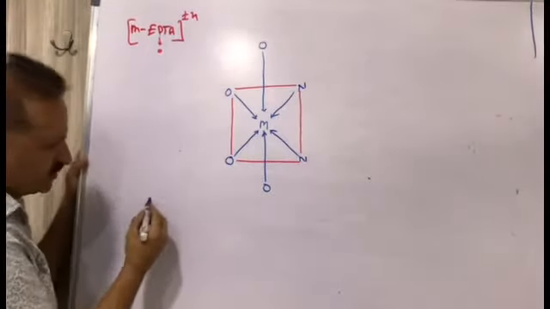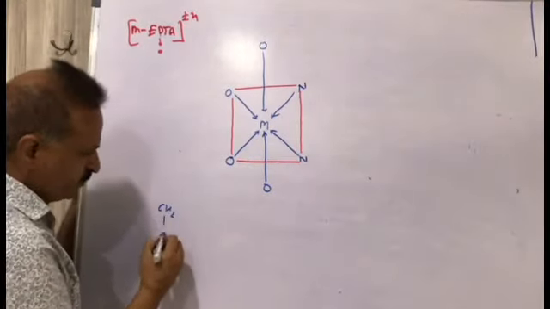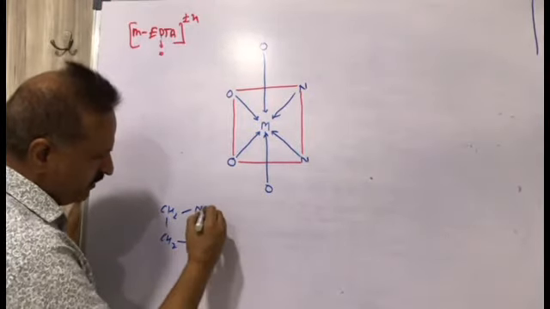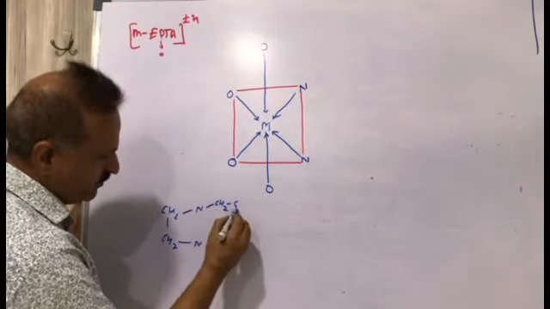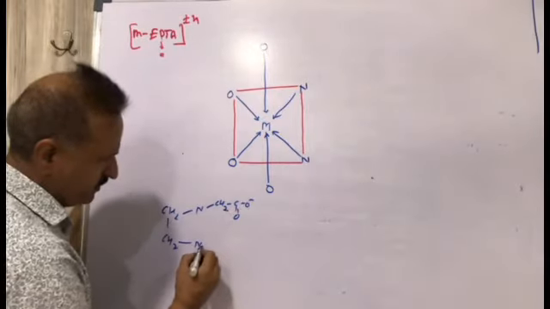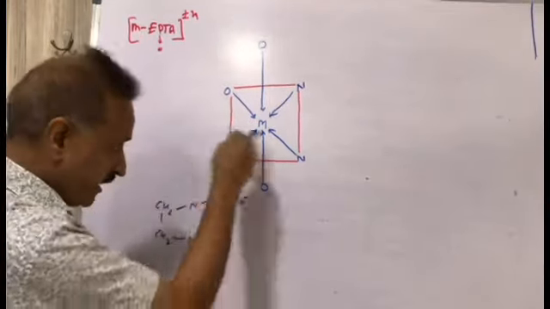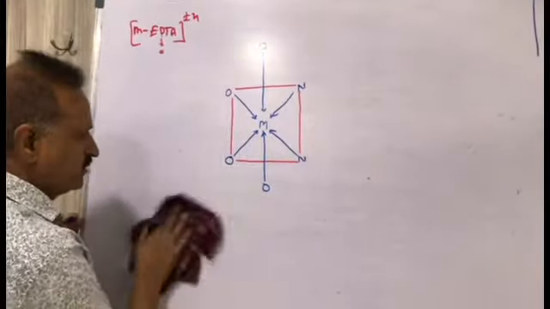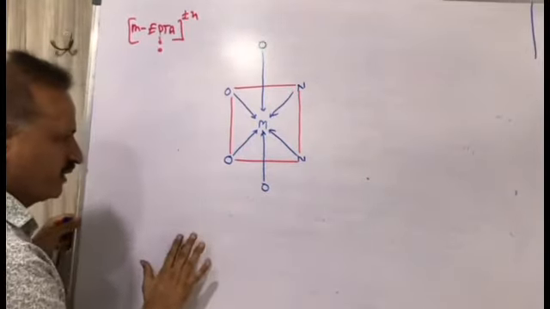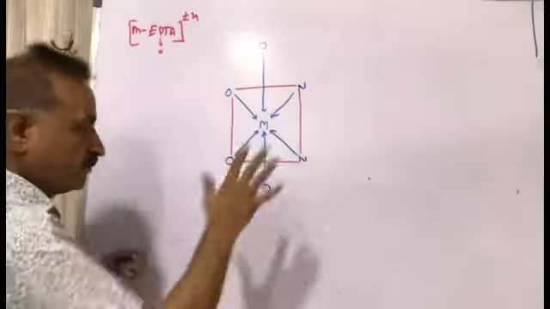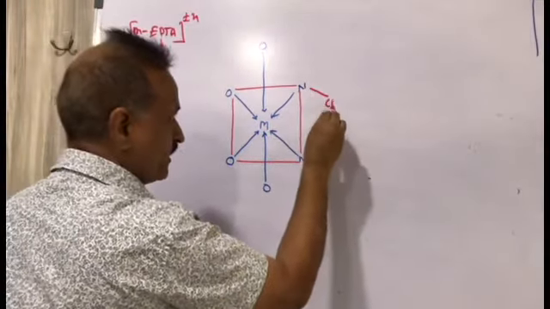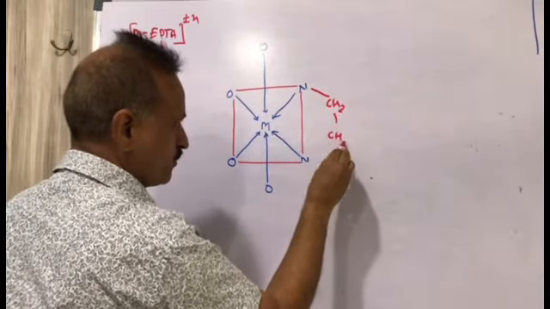I am drawing the structure over here. CH2, CH2, here is N, here is N, here is CH2, C double bond O and O minus. You have already understood the formula, so I am not writing it here because I have to draw the structure. Now we have CH2 and CH2.